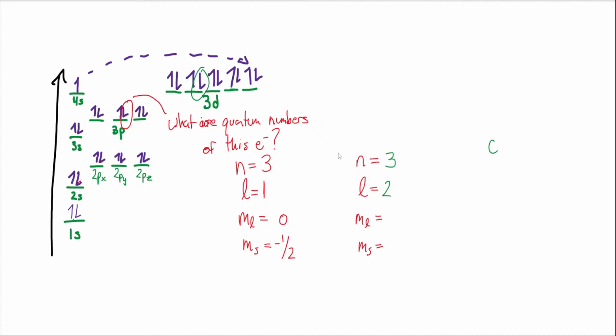Does it make sense that 0 + 1 + 2 and -1 -2, that should be 5 spots in the D orbital? Yeah, it does. Good. Okay, so then ML. Sure. And S, MS. Good.